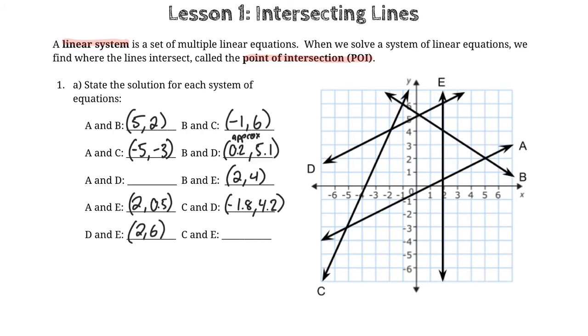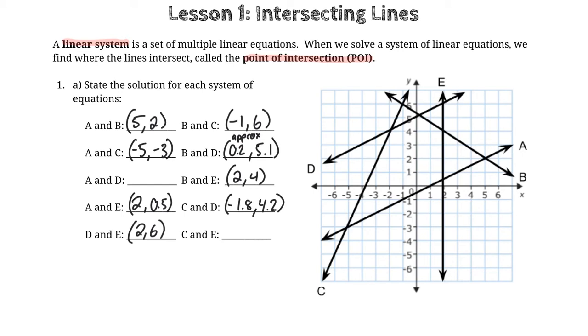So I filled this out as much as I could. For some of them, we had to approximate the point of intersection. So for lines B and D right here, this is where line B is and this is where line D is. It doesn't meet exactly at this point 0, 5. So I just approximated 0.2 and 5.1.